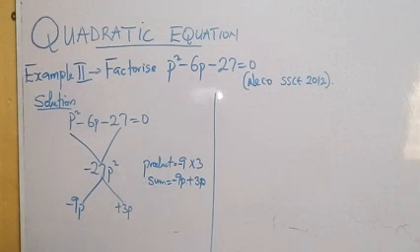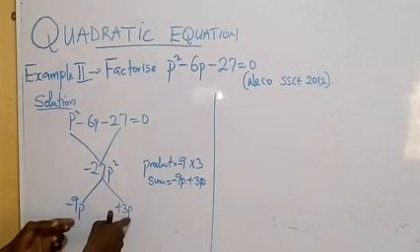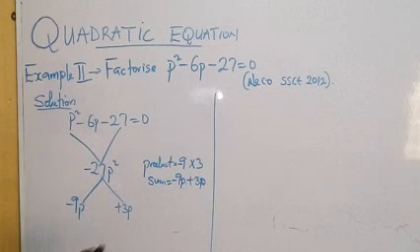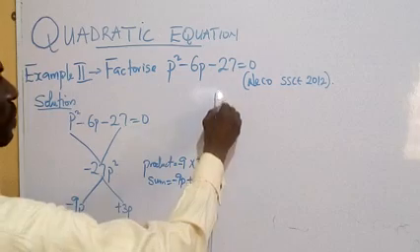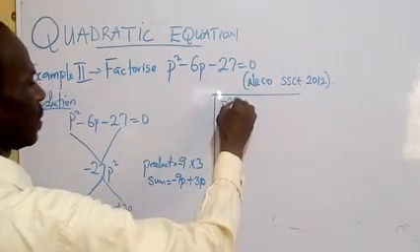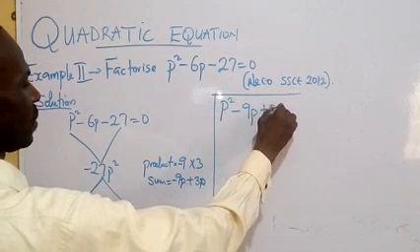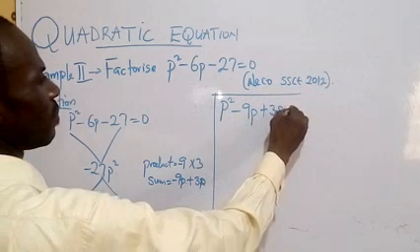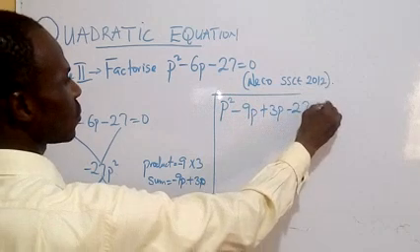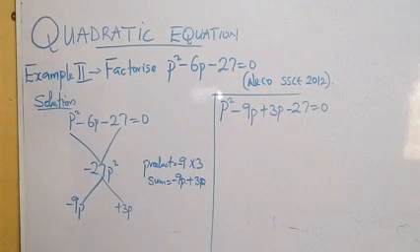Let's replace minus 6p with these two terms. Therefore, p squared minus 9p plus 3p minus 27 equals 0.